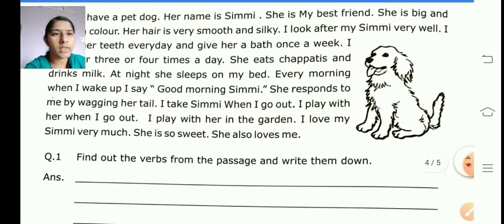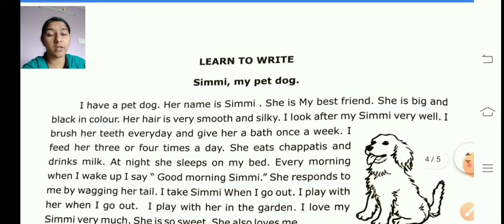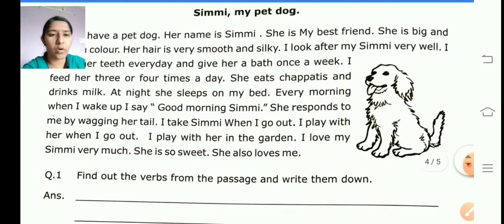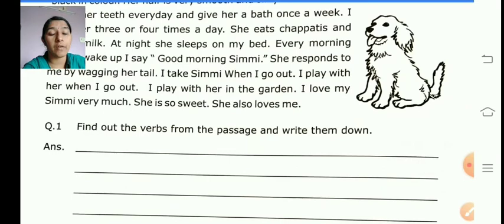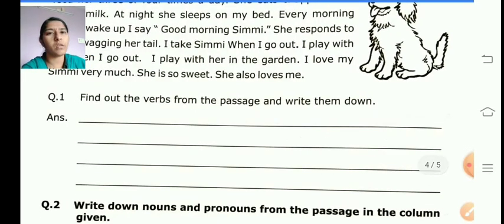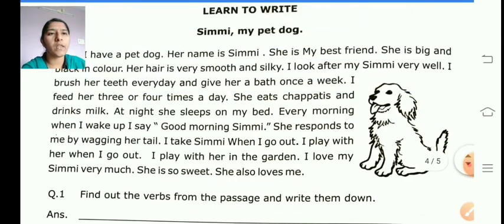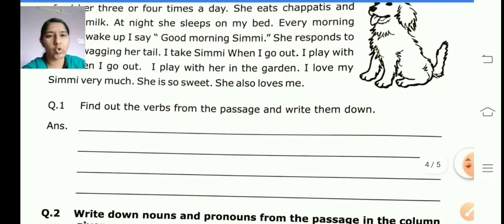So in this paragraph, whatever verbs are there, you just underline and write it here, right? This is your writing practice, so you will just learn to write. So you're going to underline the verbs from the paragraph, and write it in this space given here. So you're going to underline the verbs. That is your first work.